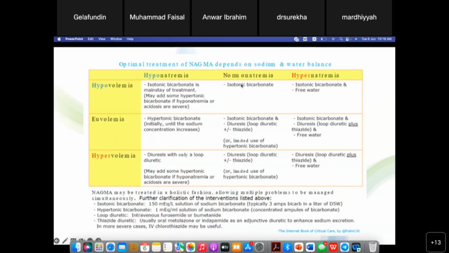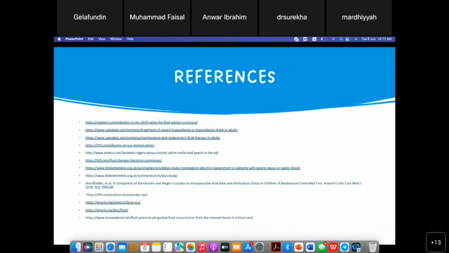If normonatremia, you can consider giving isotonic bicarb only. But if hypernatremia, then you can add on free water. For euvolemic, either hypertonic or you can consider isotonic with diuresis, for example. And then for hypervolemia, you have to consider less volume, so you give hypertonic bicarb. Then you can add on diuresis. Okay. That's all. So these are my references.